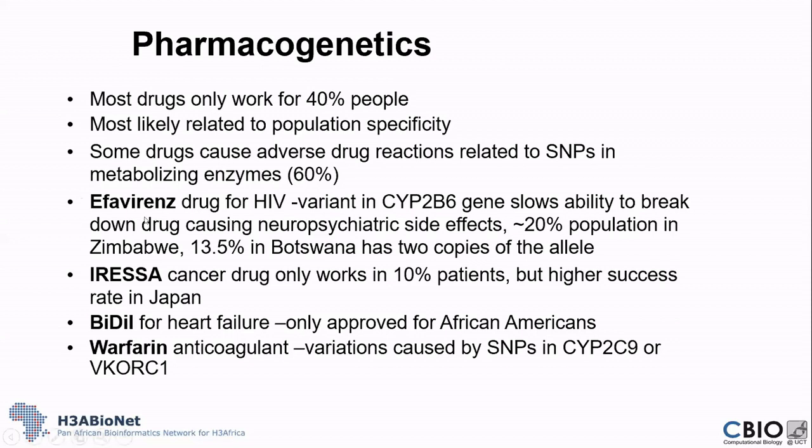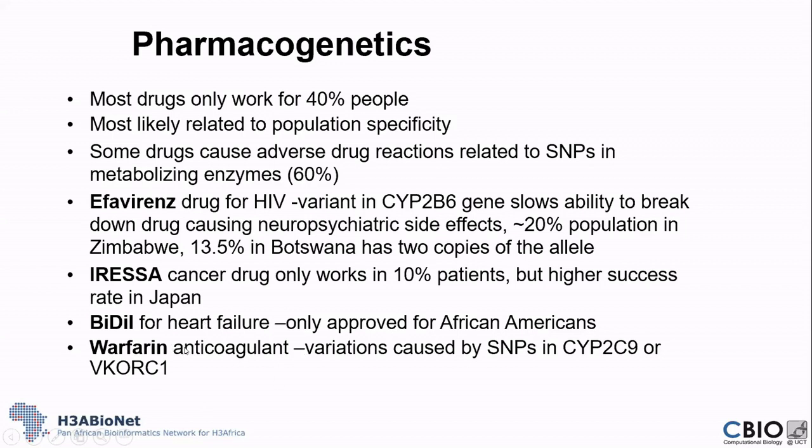So some examples are efavirenz. This is a drug used for HIV. There's a certain change that's in 20% of the population in Zimbabwe that causes, if you've got this change in your genome, you get neuropsychiatric side effects from efavirenz. So if you don't test people in the population and you give it to them, you're causing more harm than good from that HIV drug. Iressa is a cancer drug. It only works in 10% of the patients, particularly in Japanese.